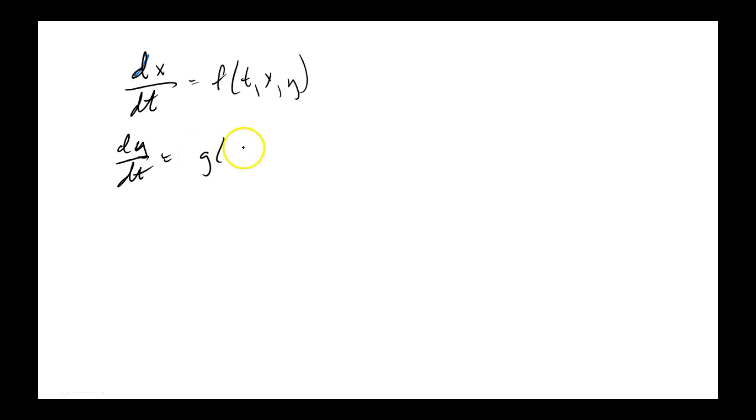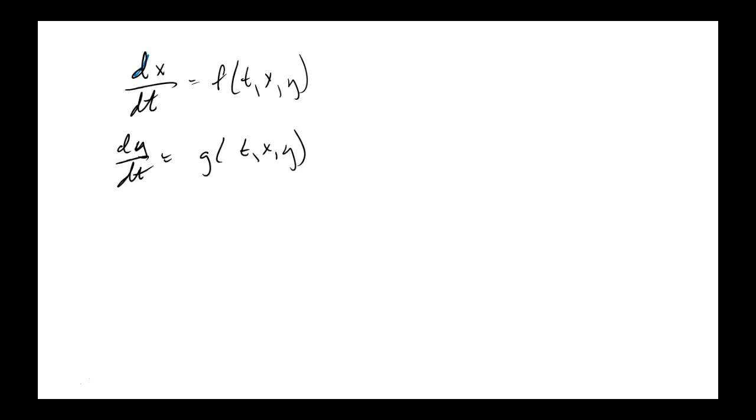If you had, let me go back to black. Though they kept it in blue, dx/dt is equal to some f of t, x and y, and dy/dt is equal to some different function g of t, x, and y. Okay? Now your x's and y's are dependent variables.